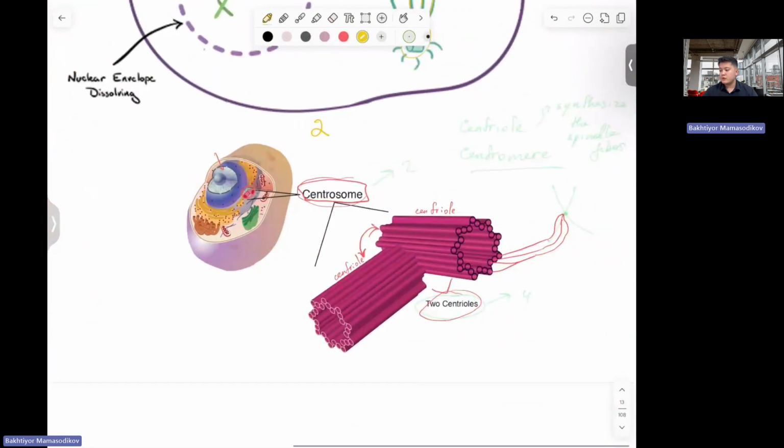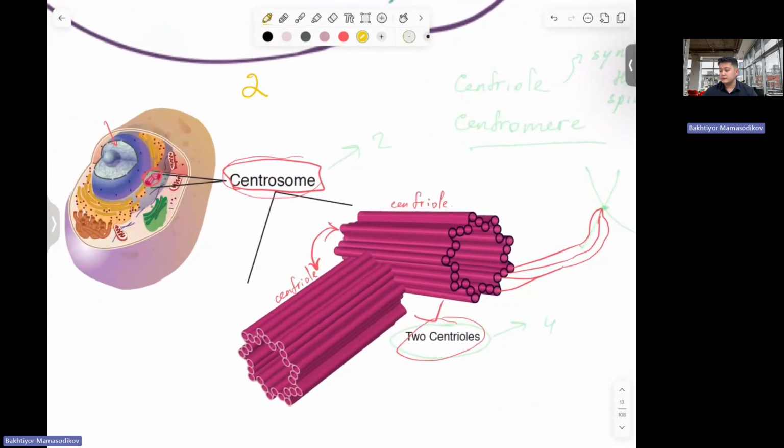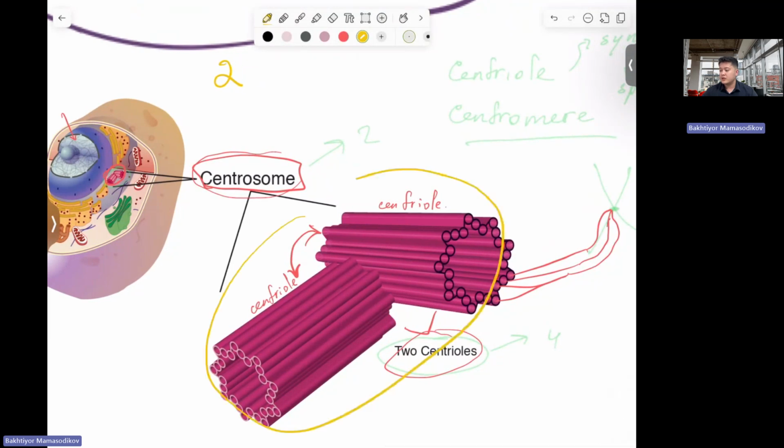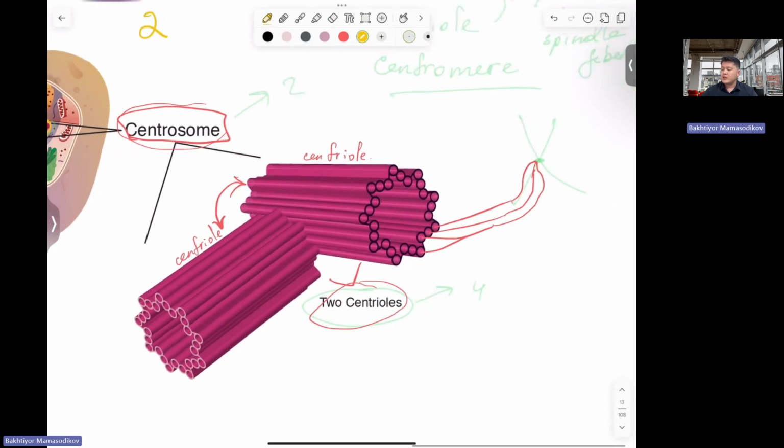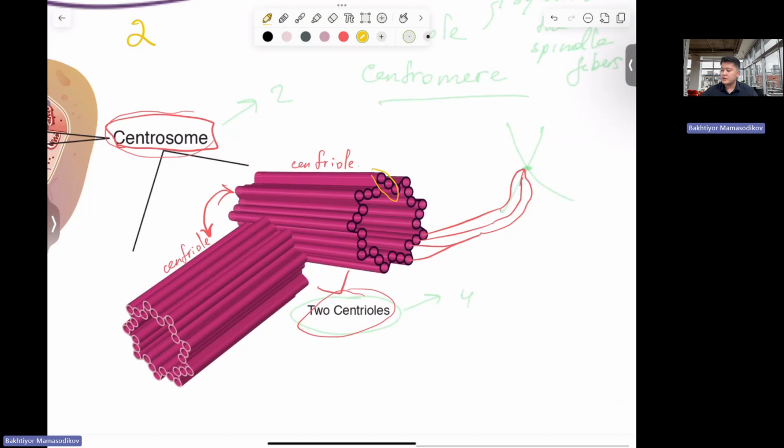The centrosome, you know, this is one centrosome, right? It's in the cell, you can see it in this picture. This centrosome has two centrioles, and each centriole has 9 triplets. So how many microtubules inside?